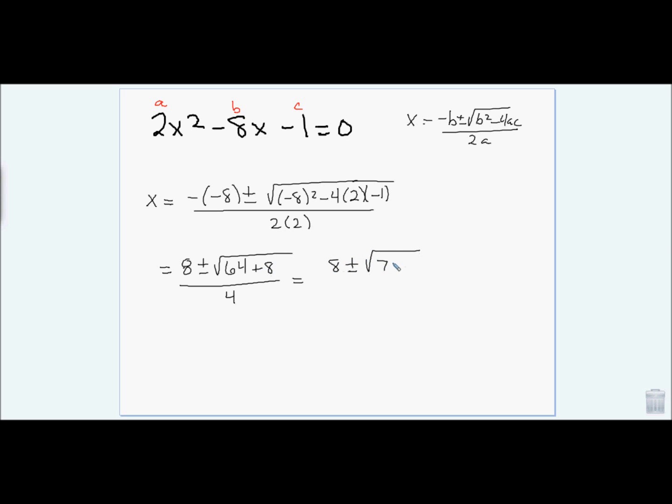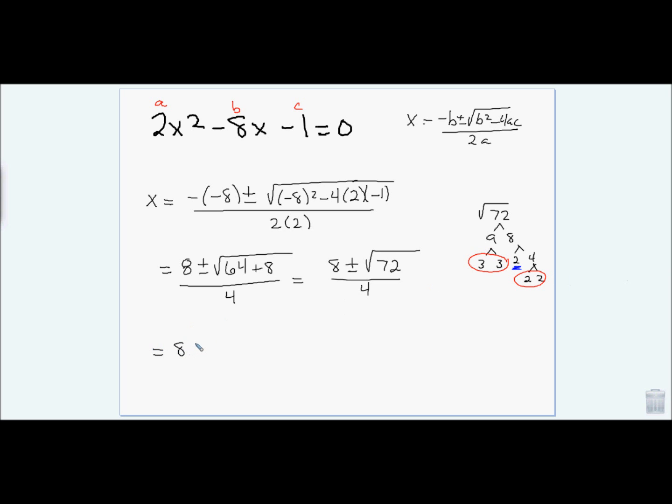64 plus 8 is 72. I can simplify that. 72 is 9 times 8. 9 is 3 times 3, and 8 is 2 times 4, which is 2 times 2. So I have a pair of 3's, and a pair of 2's, and a 2 left behind.